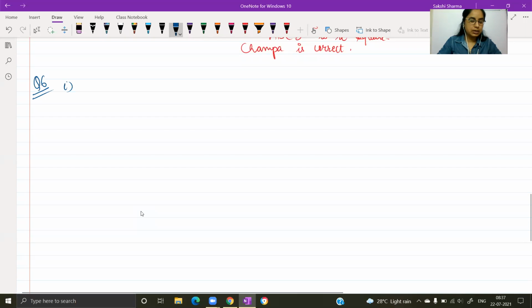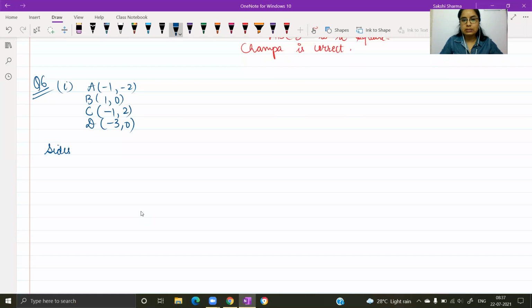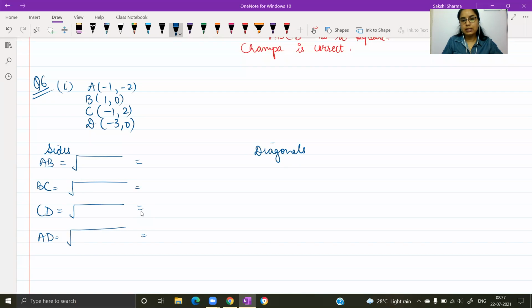Question number 6, first part. The points given to us are A (-1, -2), B (1, 0), C (-1, 2), D (-3, 0). So we want to see if there is any quadrilateral formed, and if it is formed, what type of quadrilateral it is. So again, you will be looking at the sides as well as the diagonals. So look at the sides, AB, BC, CD, AD. And then the diagonals, and then give your answer.